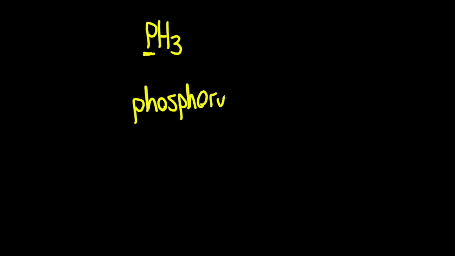Alright, here's another example. We're going to have PH3. Alright, again, phosphorus has the lowest amount of atoms, so we're going to name it first. Phosphorus trihydride. The tri being because I have 3 of those hydrogen atoms.